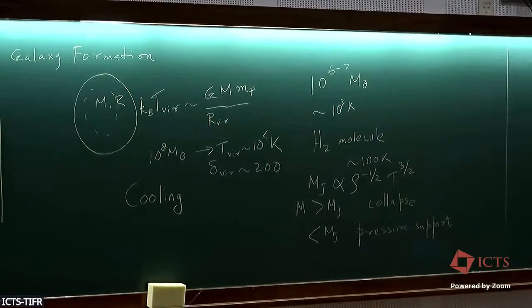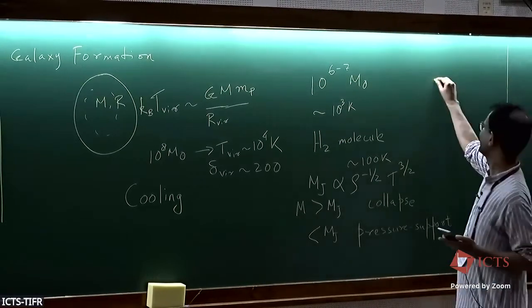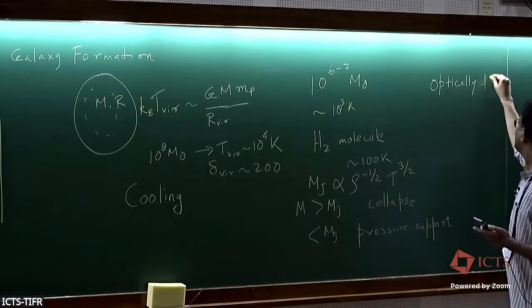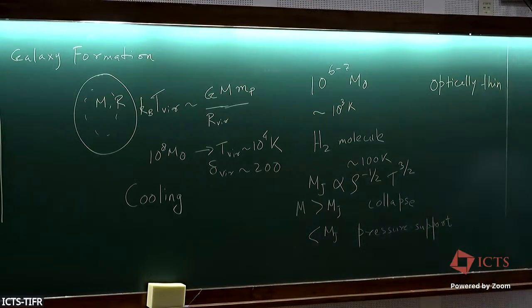The system has to be optically thin, meaning the probability of absorbing that photon has to be quite small. So if the density becomes too high, then that photon will itself get absorbed by the material there. Okay, that same hydrogen atom may absorb the photon. Then you are stuck. Okay, then again cooling becomes difficult.